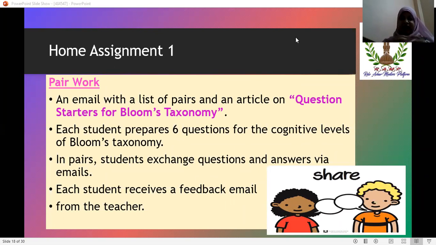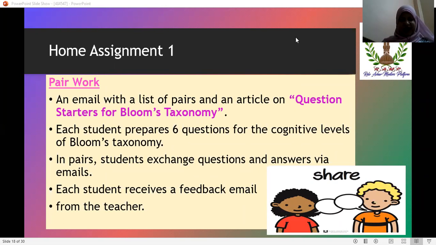And then they send each other emails. Each one answers the email of the other and sends it back to the teacher. The teacher provides feedback. So now you have used the video interactively.